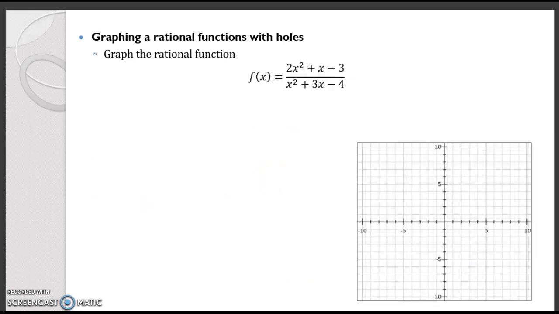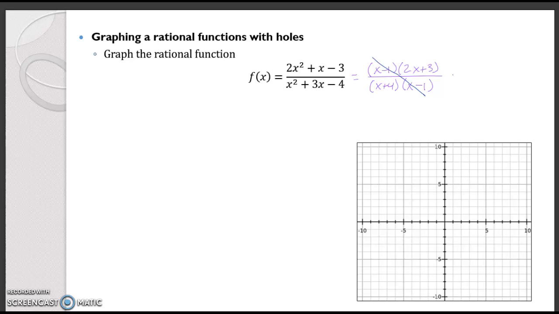Let's take a look at this problem. f of x factors into (x - 1)(2x + 3) over (x + 4)(x - 1). So I can see that I have a factor in common.